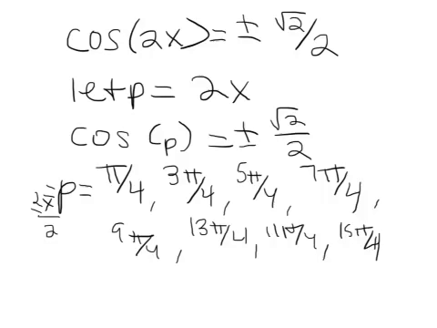That would make it pi over 8, 3 pi over 8, 5 pi over 8, and so on. And that is how you do problems where you have to let p equal a multiple angle.